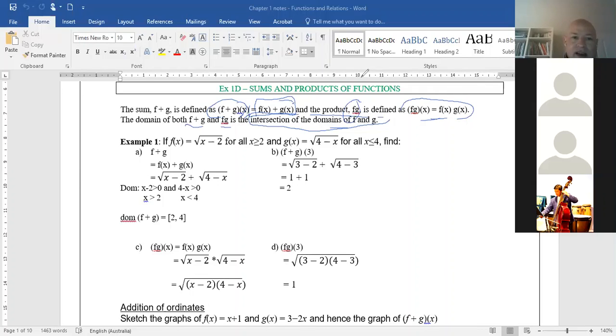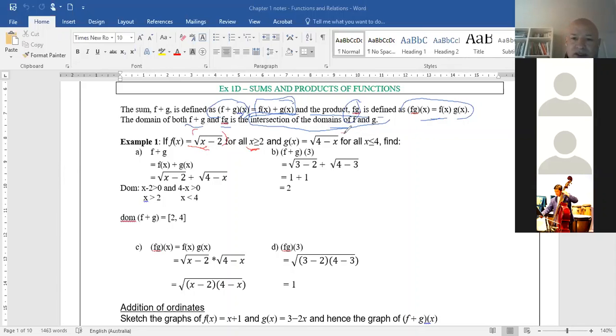Example 1. We've got f of x equal to that. No one's texting me saying they can't get in. And there's our domain. X has to be greater than or equal to 2, and we know that because this is a square root. If we put anything smaller than 2 in here, it's going to be a negative number and we can't square root it.